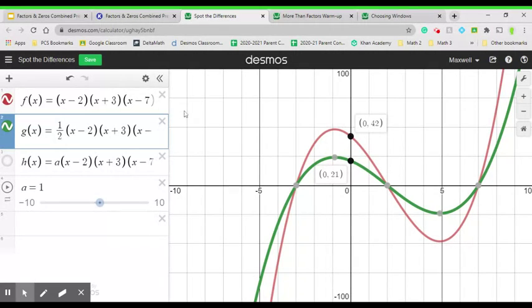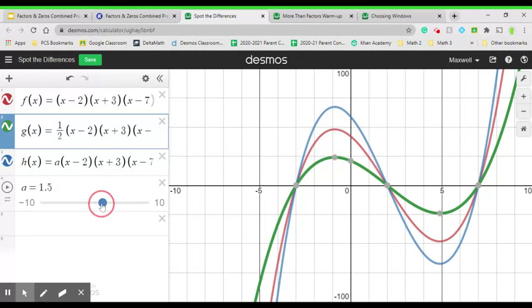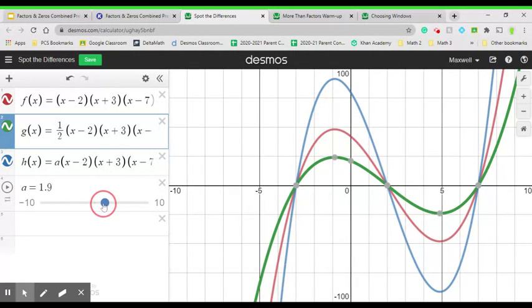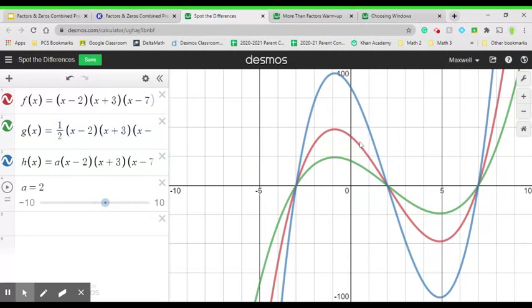Now, if we skip to number 3, if we have h of x now, and you are changing the a value in the front, like if I changed it to 2, we can see that we are basically dilating these functions while keeping the x-intercepts the same. We're not changing what these factors are, we're just multiplying something through the first one.